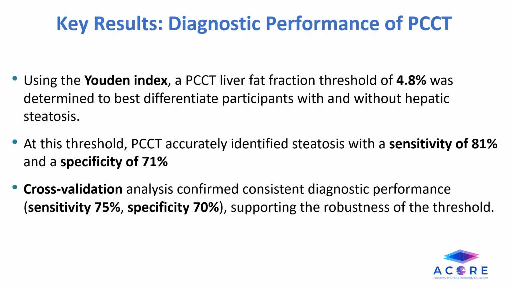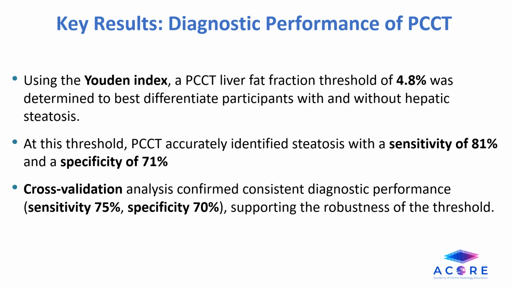So let's talk about the Youden index. This is a cutoff point on the ROC curve that maximizes the combined sensitivity and specificity. This was 4.8%. So at this point, the PCCT achieved a sensitivity of 81%. That means it correctly identified most patients with steatosis, and a specificity of 71%.